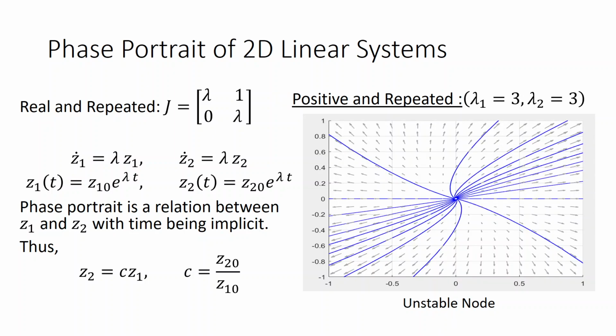Now if you have a single Jordan block, then things become interesting. Note that we have made this 1, before it was 0. So this means it is a single Jordan block.